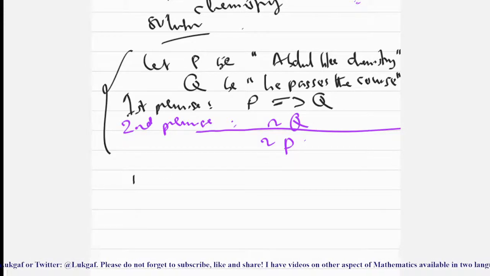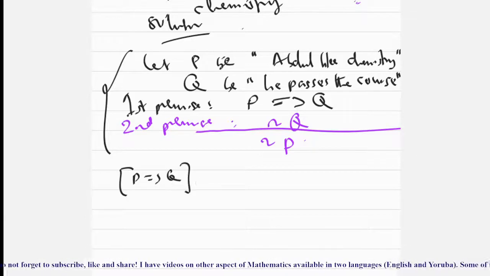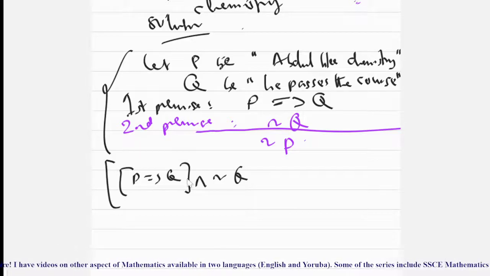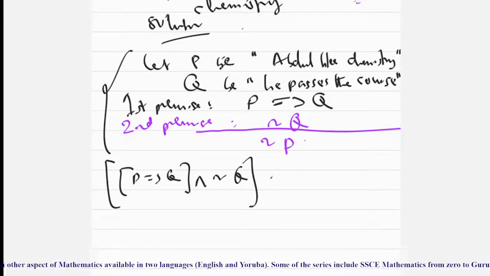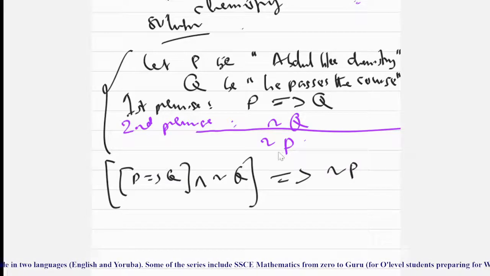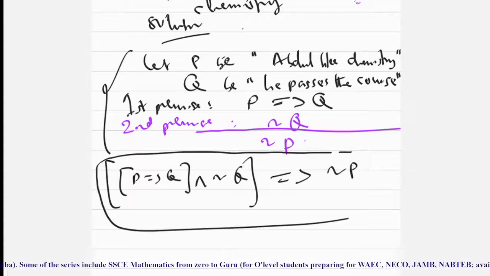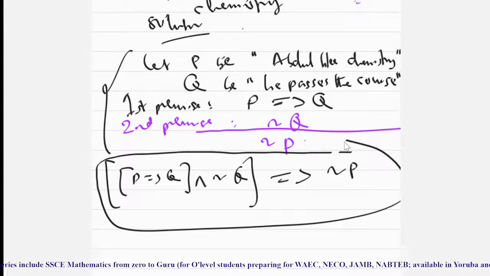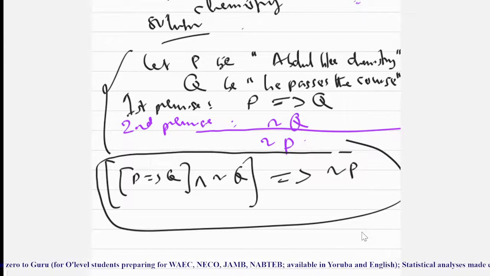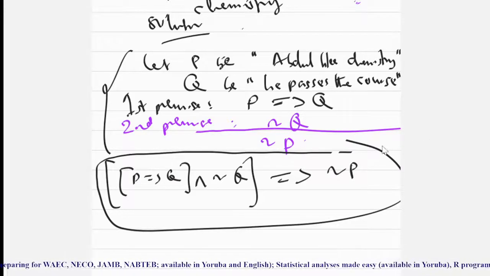So then we have P implies Q, and negation Q. Then for the conclusion, you still have implies negation of P. If you are able to show that this proposition is a tautology, then we have a valid argument. That's what you're asked to do there. It is not difficult.